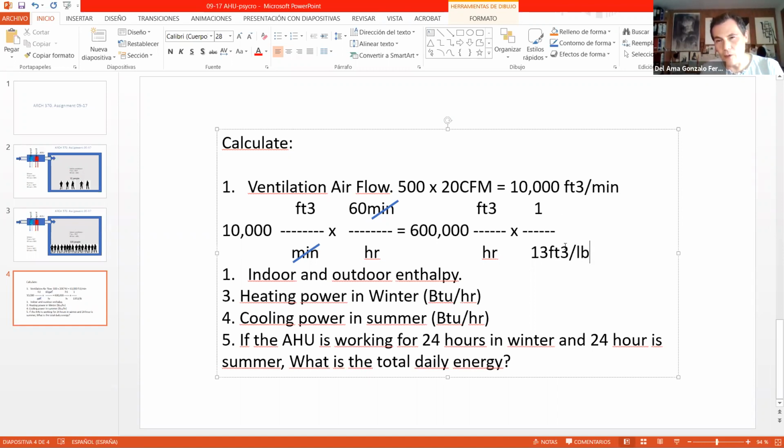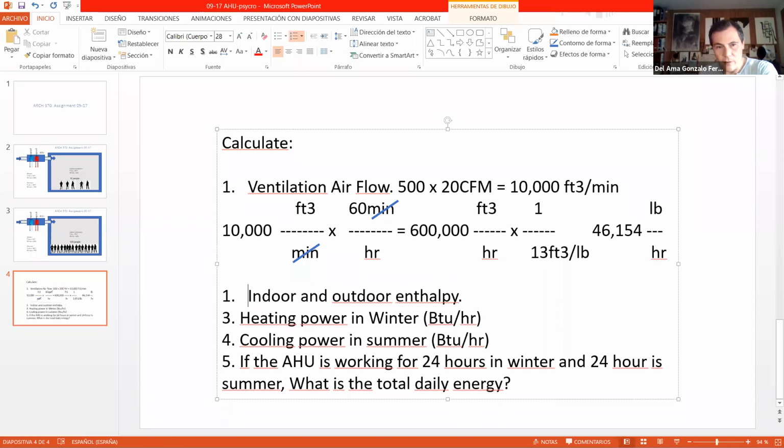Now cubic feet is cancelled with this cubic feet, this pound is moved up, and now this is 46,154 pounds per hour.